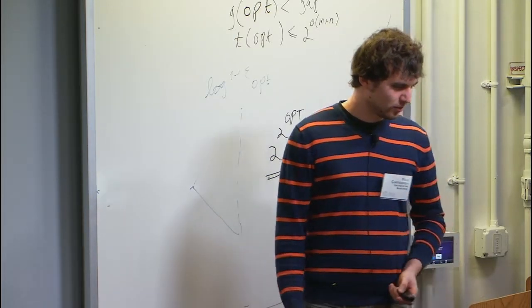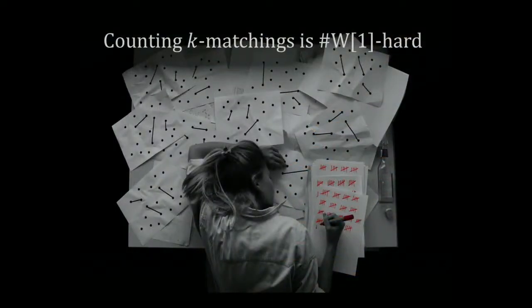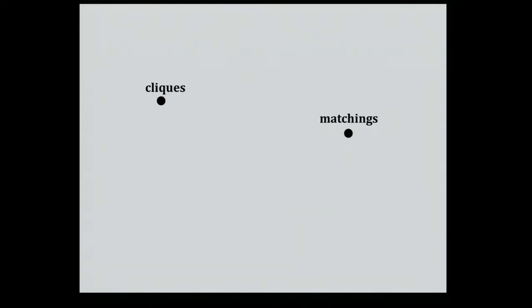Yeah, and so I would also like to give a less pictorial argument why counting K matchings is sharp W1 hard, a more formal one. So I want to show that there is an FPT reduction from counting K cliques to counting K matchings. So it's an FPT algorithm that allows you to count K cliques if you're given an oracle for counting matchings of some size function of K. And yeah, the proofs for this problem have some kind of infamous history.